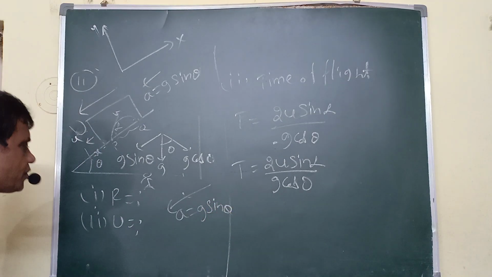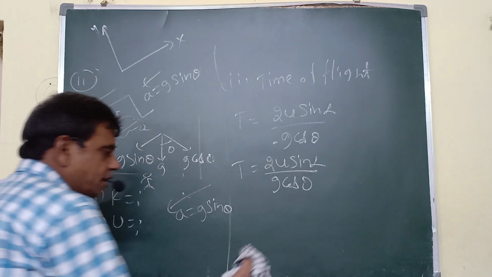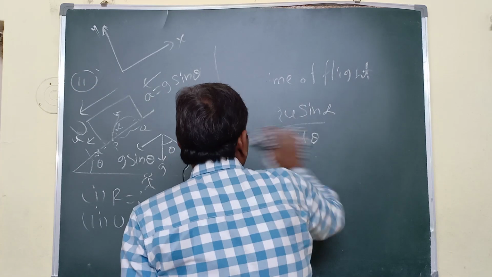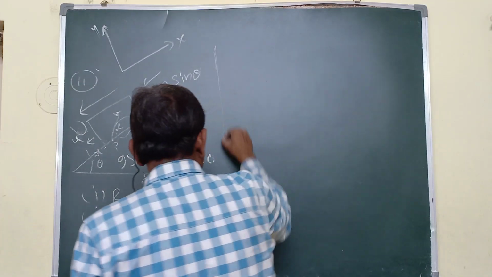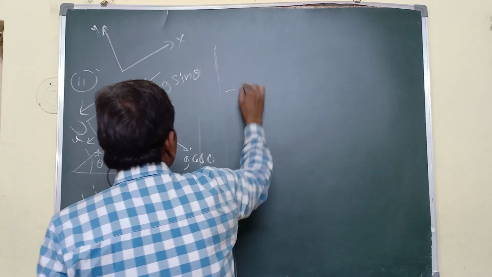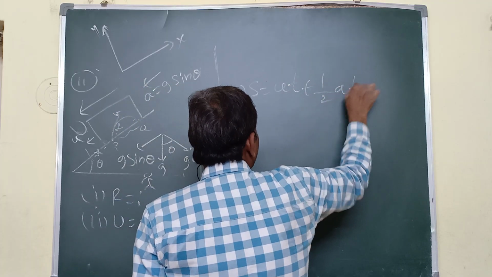So I apply s equals ut plus half at square.